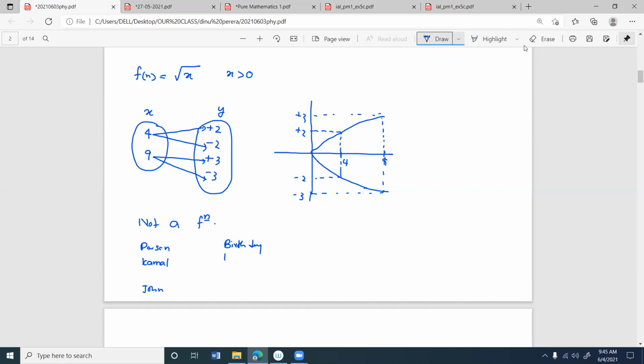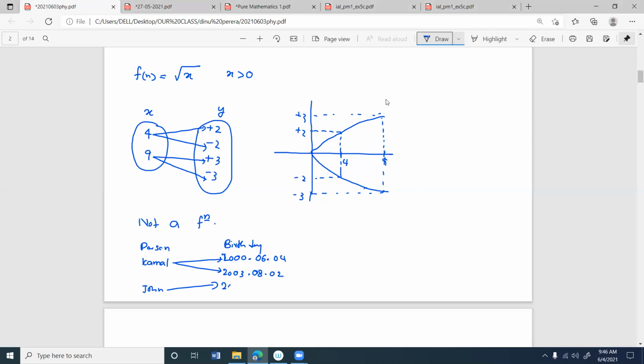Can it be like this, with 2006 and 4 and 2003, 8 and 2? Is it possible or not? Can one person get two birthdays? Obviously we know that it cannot happen, right? It's not possible for this particular case. Okay, then this is fine.